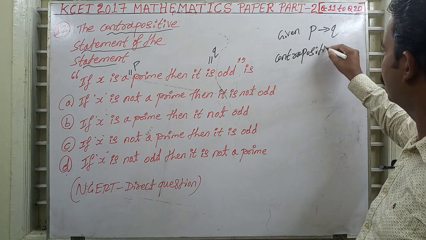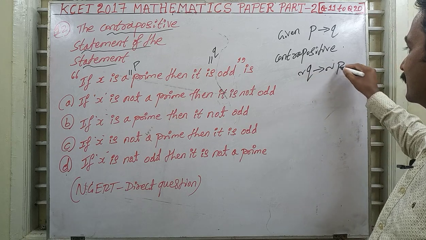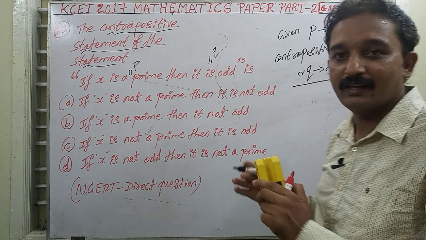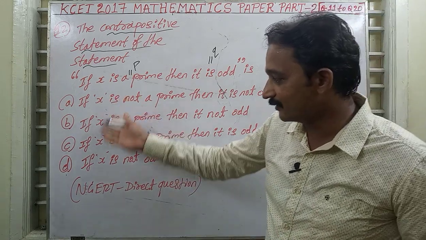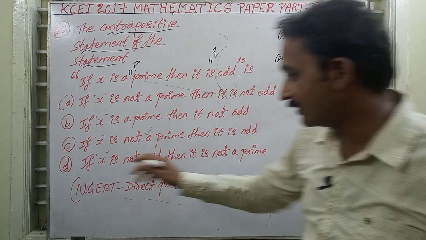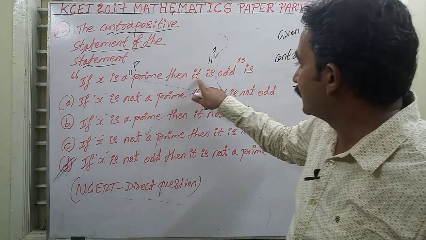We have to find out the contrapositive of this conditional statement, nothing but negation Q then negation P. This is the required answer. So we have to identify negation Q then negation P among the options. Option D satisfies this condition. Negation Q means it is not odd.